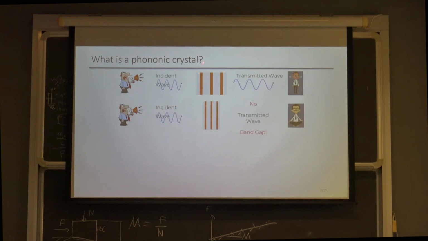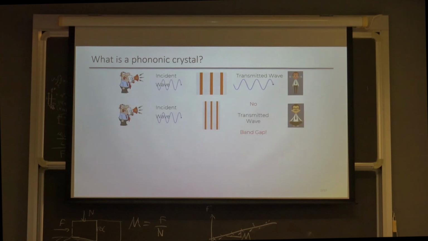For example, orange is steel and white is epoxy, and if we excite the left edge with an ultrasonic transducer, the waves go through. But if we change the thickness of the layers, or the period of our laminate, then for some frequencies the vibrations will not be able to go through.